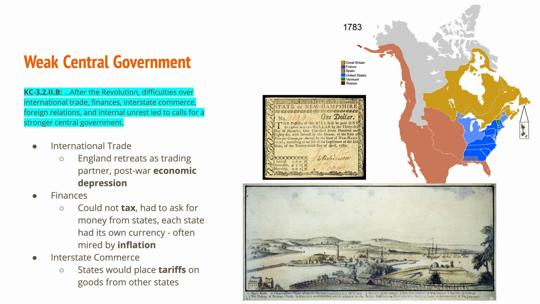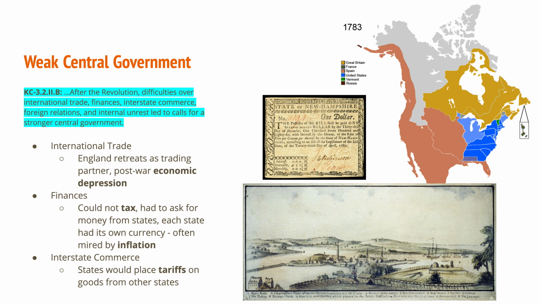As far as finances, the legislature did not have the power to tax, so they had no revenue. And they also had all of this war debt that they had to pay. And all of the states had their own war debt that they had to pay. The only way they could raise revenue was to ask for money from the states. And each state had its own currency. And because the currency was being overprinted in these states, they were mired by inflation.